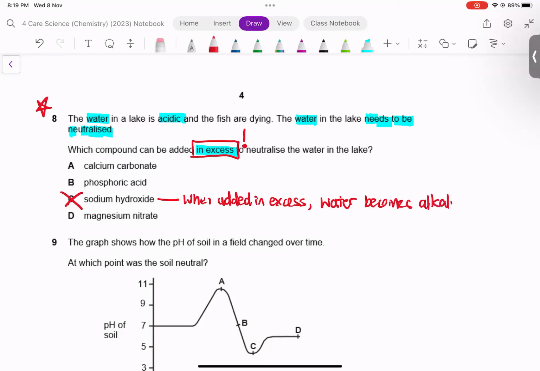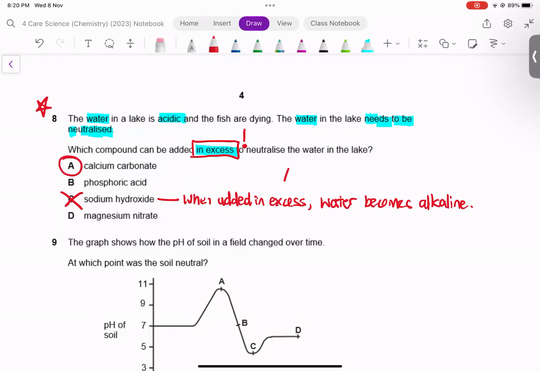The water becomes alkaline. If I add sodium hydroxide, a lot of it in excess, the water in the lake becomes alkaline, pH more than 7. And therefore, that will not be conducive for the survival of the fish, the plants in the water. So C, sodium hydroxide, cannot be the answer because over here, they want the compound to be added in excess.